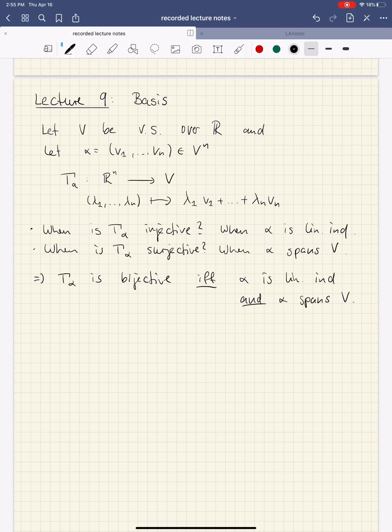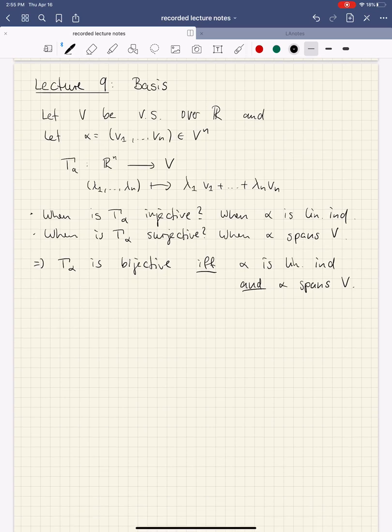And so the idea is that we kind of want to coordinateify V. I'm just trying to not write it incorrectly.